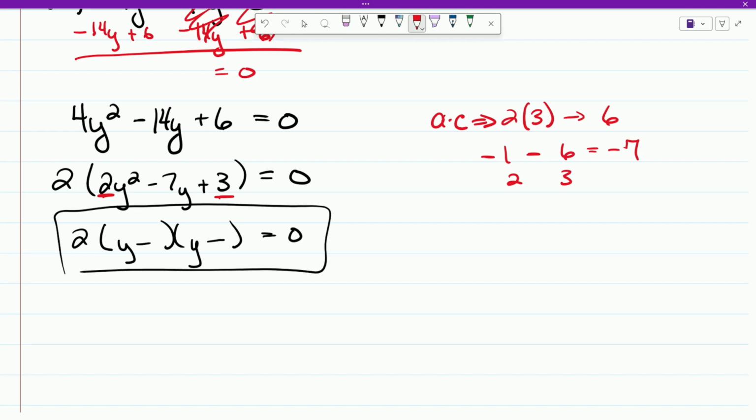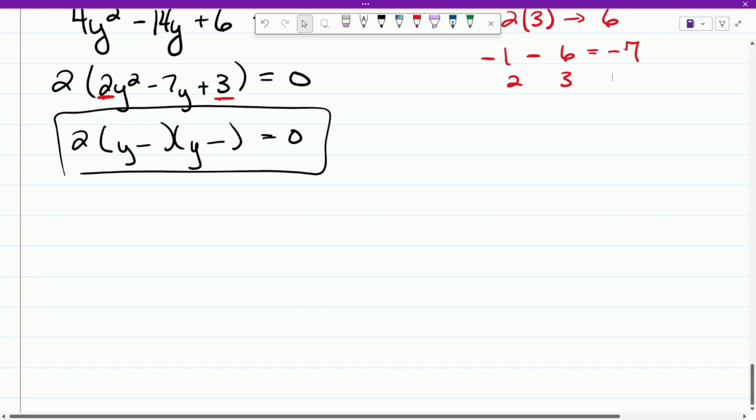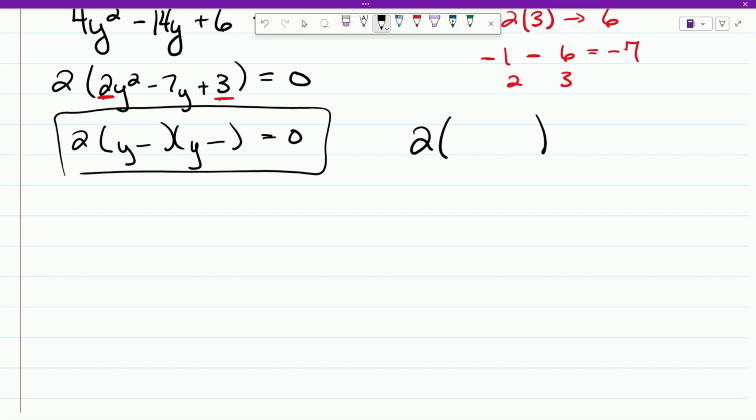All right? And this is the key. The AC method allows us to take a 3-term polynomial and convert it into a 4-term polynomial. So that's what I'm going to be focused on. Over here on the right-hand side of the screen, I'm going to write the binomials. I'm going to put a y minus and a y minus.